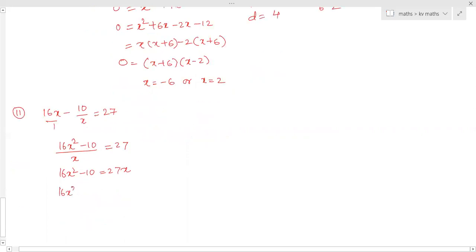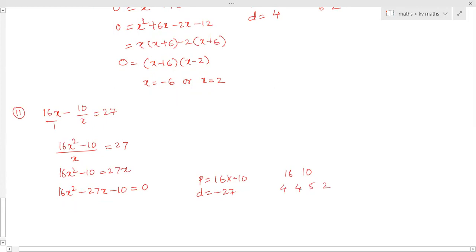So 16x square minus 27x minus 10 is equal to 0. Now factorize this by middle term splitting. The product needed is 16 into minus 10, and the difference needed is minus 27.